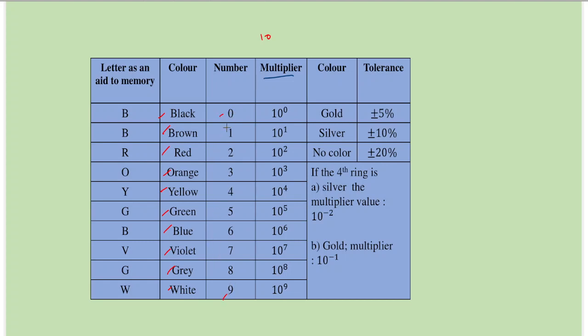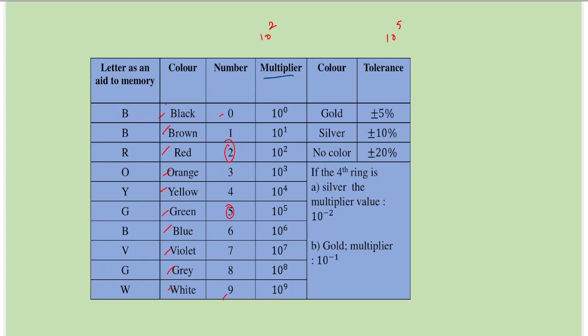And for each color there is also a multiplier, which would be 10 power that number. For example, for red the number is 2 and the multiplier would be 10 power 2. For green the number is 5 and the multiplier would be 10 power 5.